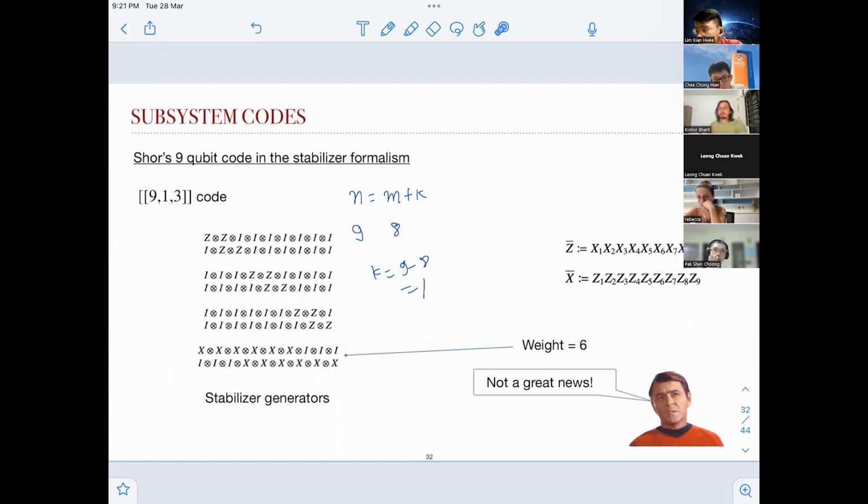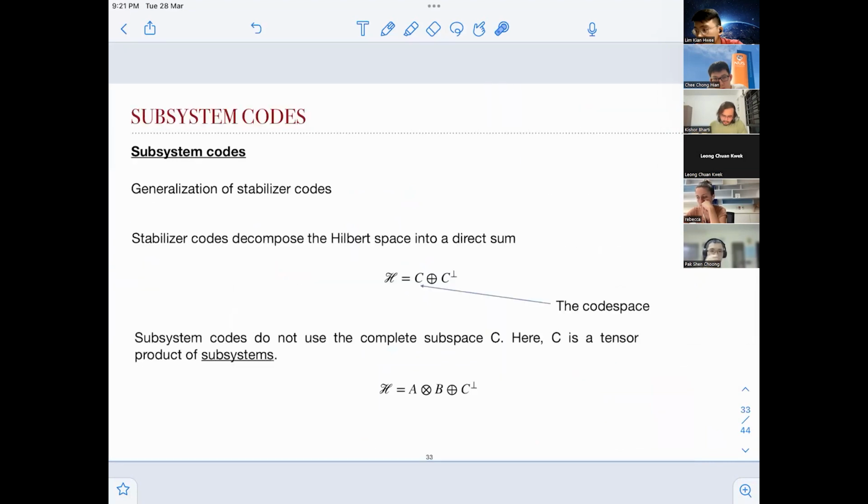Subsystem codes provide one way to get around this problem. Subsystem codes are a generalization of stabilizer codes. Say you have some number of physical qubits.